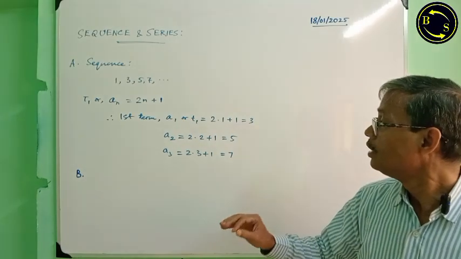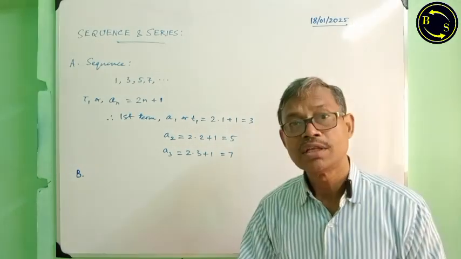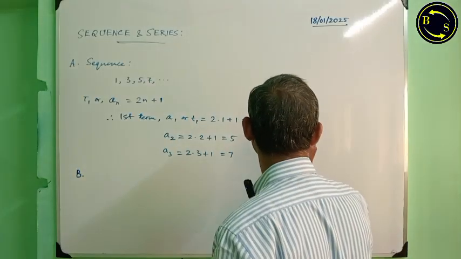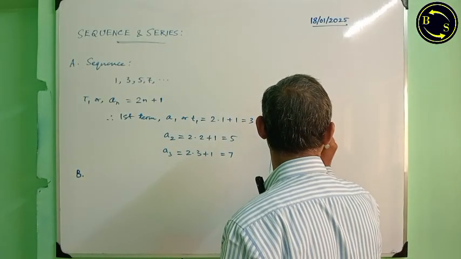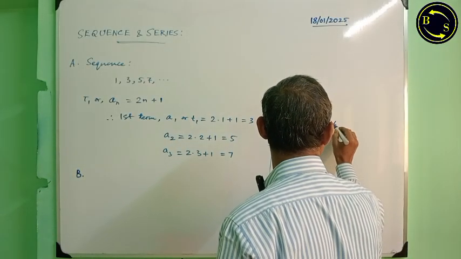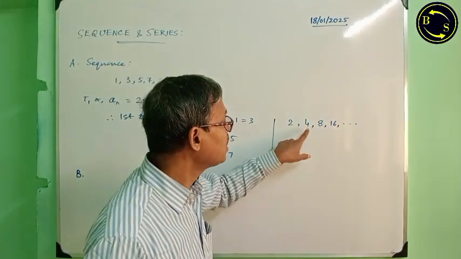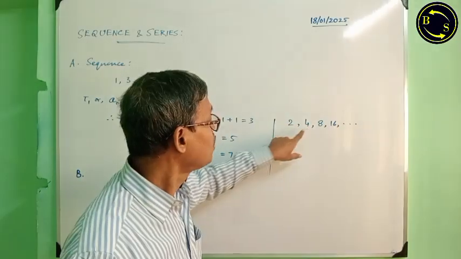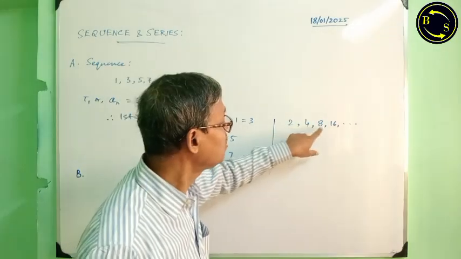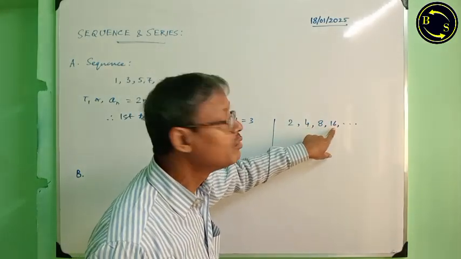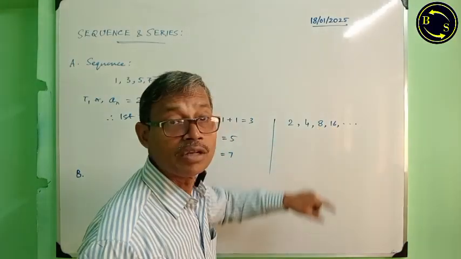But there may be a relation like this. If we take the example 2, 4, 8, 16, etc., we find that the second term is 2 times the first term, the third term is 2 times the second term, the fourth term is 2 times the third term.